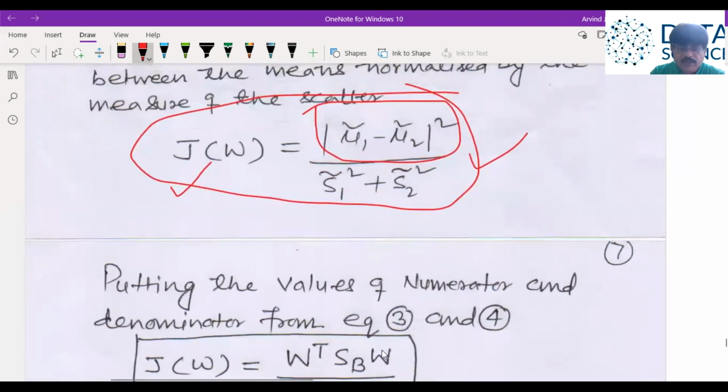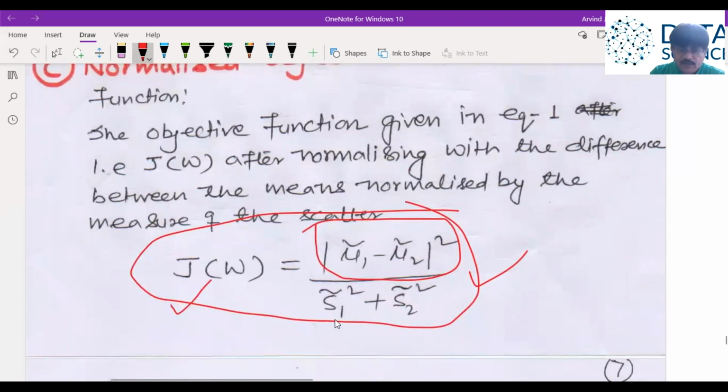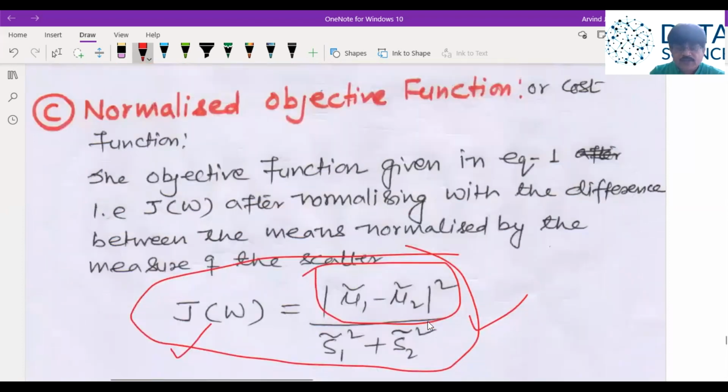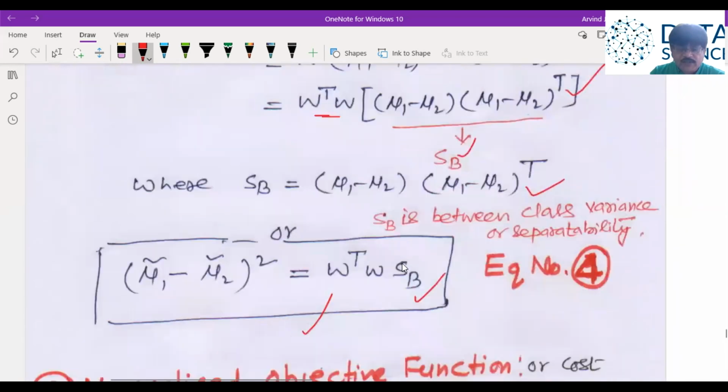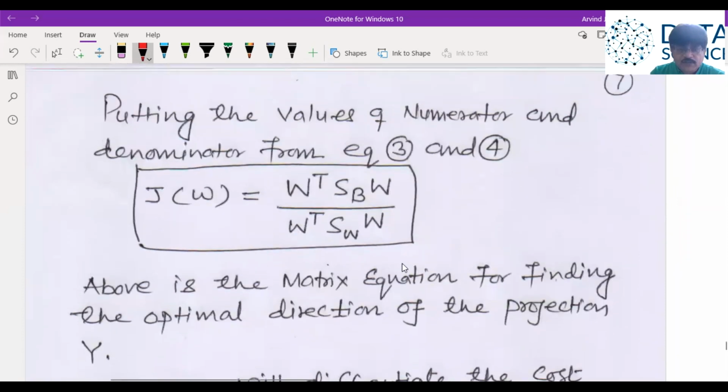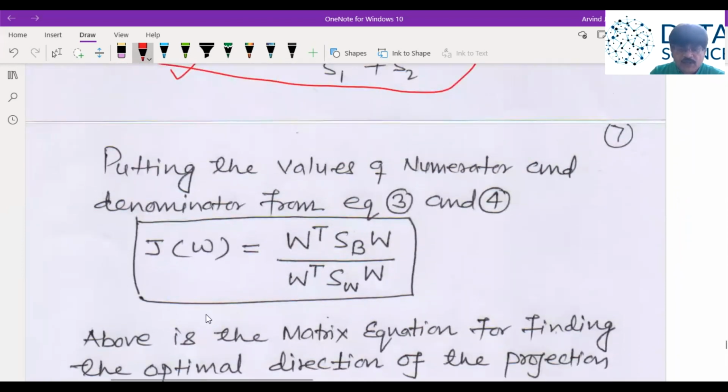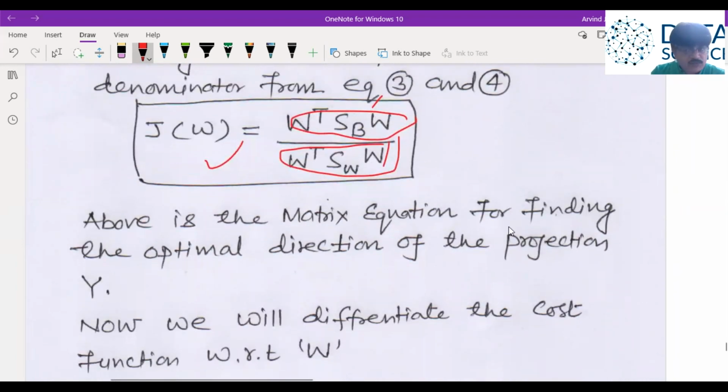So we will replace it by W transpose S_B W, and this quantity, the projected scatter S1 square plus S2 square, by W transpose S_W W. So the equation comes out to be J(W) is equal to W^T S_B W upon W^T S_W W. This whole is a matrix, and this is also a matrix, so do not cancel W by W like this. This is a matrix operation we will do here, right? So this is the matrix equation.